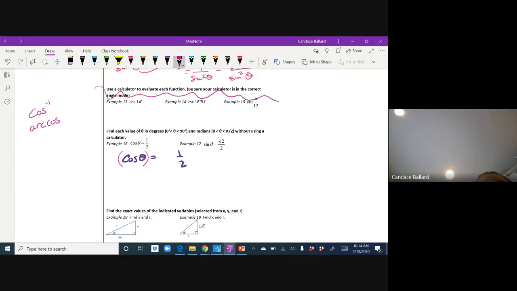So in order to undo that cosine and get the angle by itself, I take the cosine inverse of both sides. That means these two cancel, and I'm just left with theta. And I need to find the cosine inverse of 1/2. What that means is they just gave me the legs of my right triangle, and I have to figure out what angle they belong to.